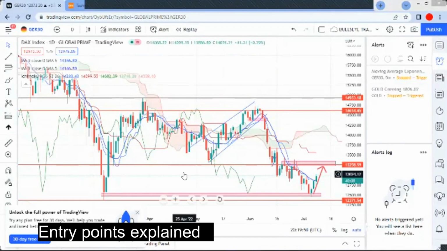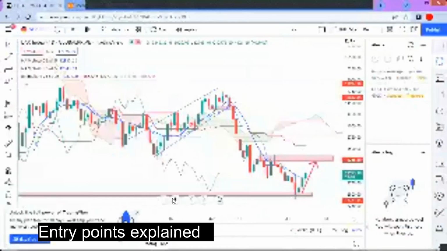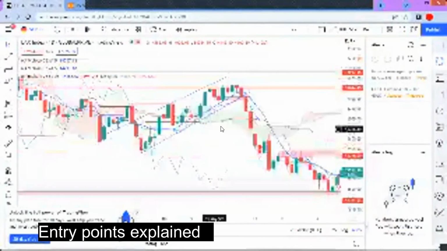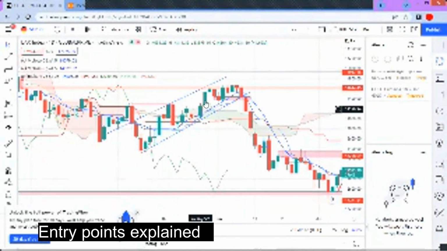With the entry points, guys, I'll start by, for example, this point. If you can check, we have a situation here at this point, 14,614.45. Here, what is happening is, as you can see, the market was buying.